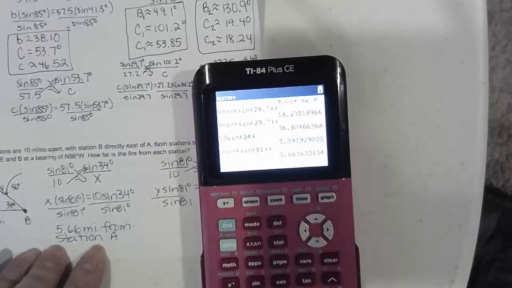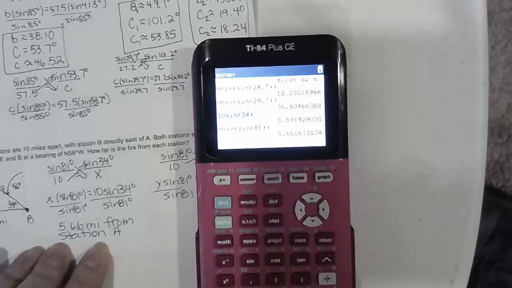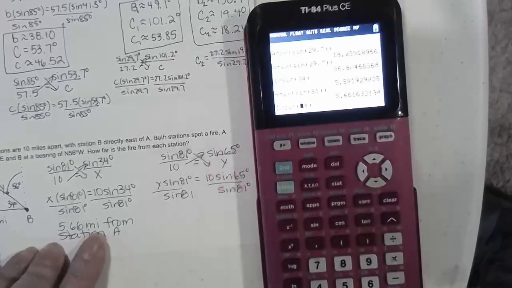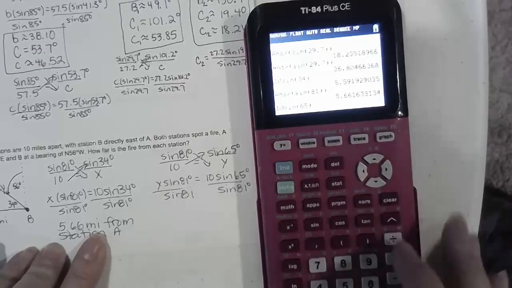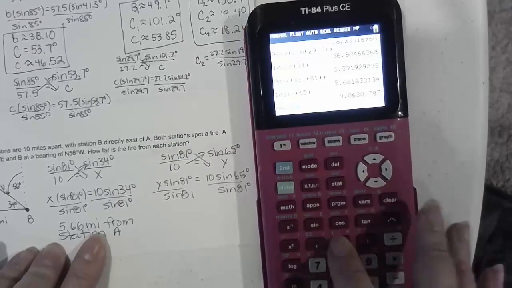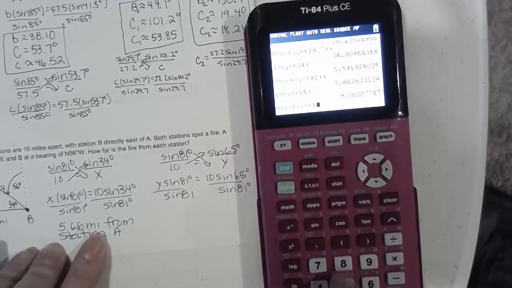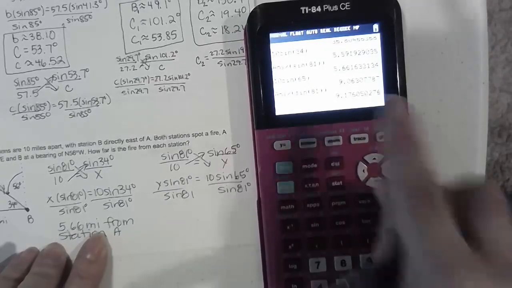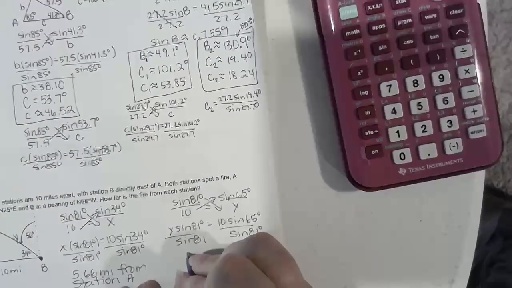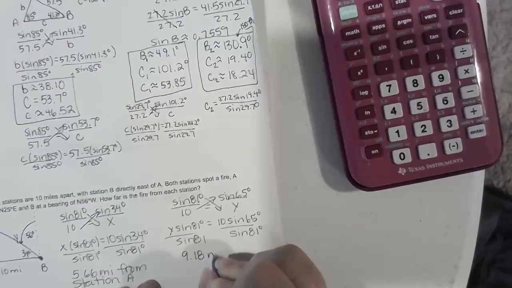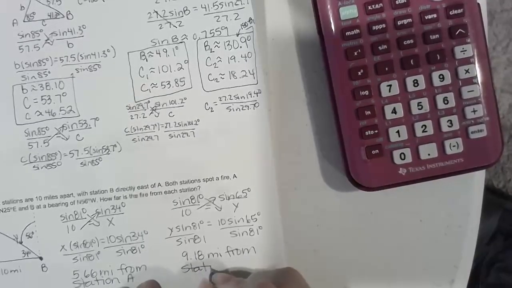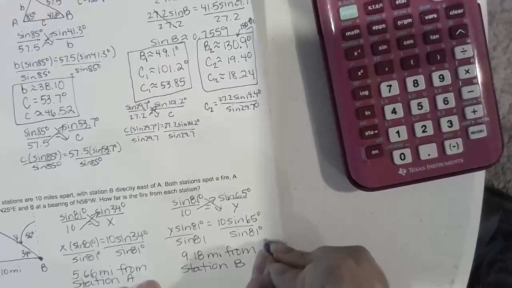I'm actually just going to copy this. If you didn't know, you can scroll up and highlight it. If you press enter, it'll bring it back down. So all I have to do then is change the 65, and then we're going to divide that by the sine of 81. So 9.18 when I round it to the nearest hundredth. So 9.18 miles from station B.